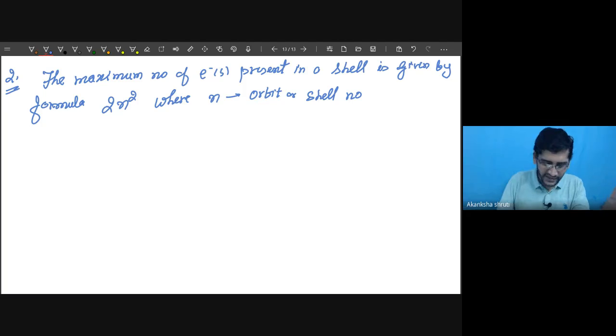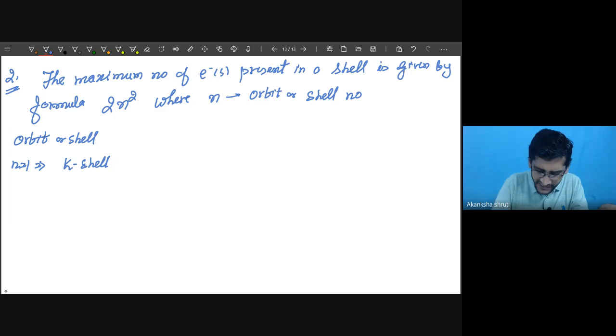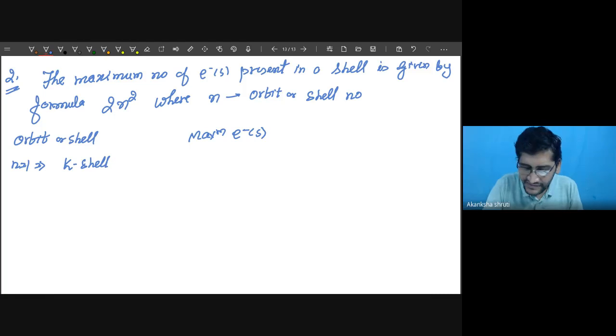Meaning if we are considering a shell or orbit, it may be represented by n equals 1. This implies what it represents? K shell it is representing. Then how many electrons can this K shell contain? So the maximum electrons the shell can contain, or the orbit can contain.